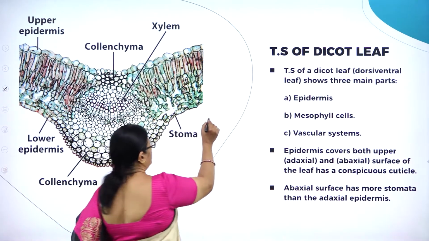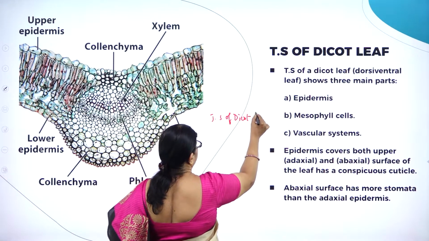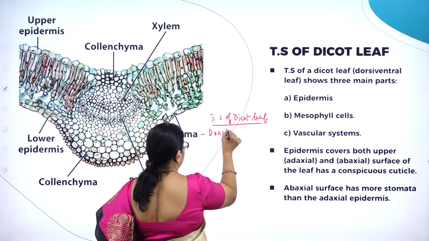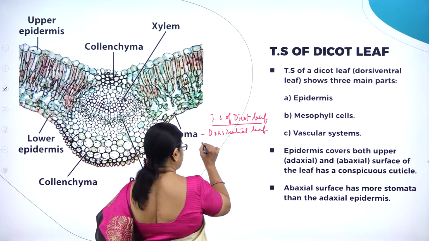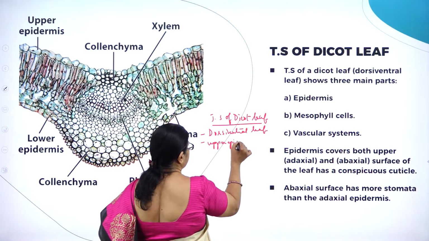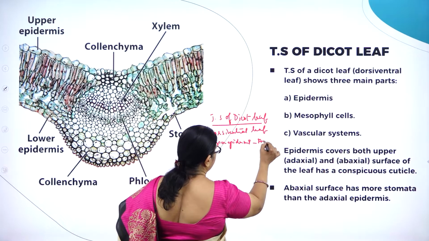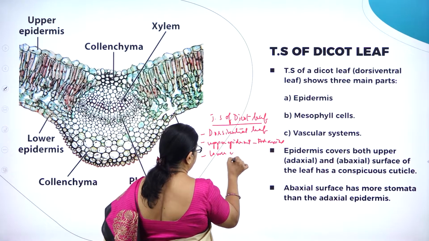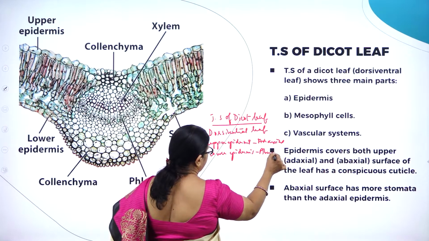Now let us study the TS of dicot leaf, which is called a dorsiventral leaf, which has two surfaces. The upper epidermis is called adaxial, and the lower epidermis is called abaxial.